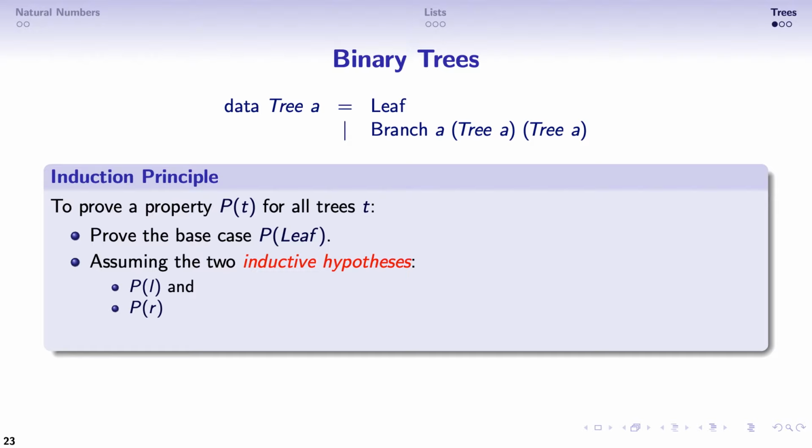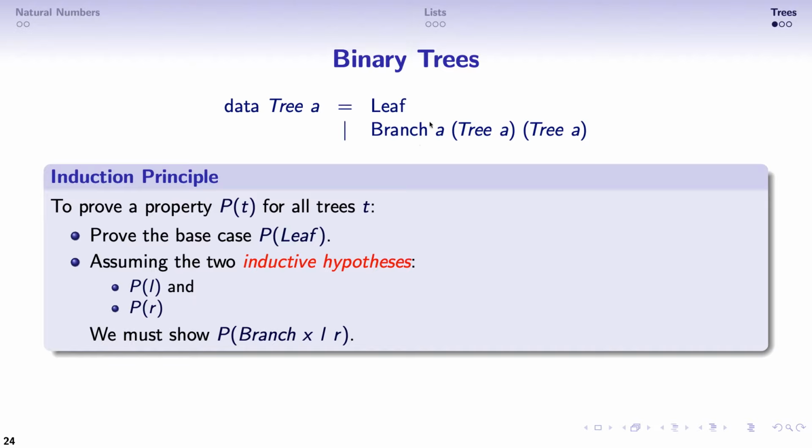So I assume my property holds for both L and R, and then I show that it holds for Branch X L R, where X is just some arbitrary value. So we have to show P of Branch X L R, assuming that the property holds for L and R. So we get two inductive hypotheses here, and that's because tree is mentioned twice recursively in the definition of Branch.